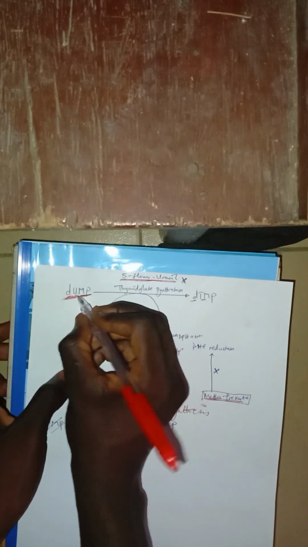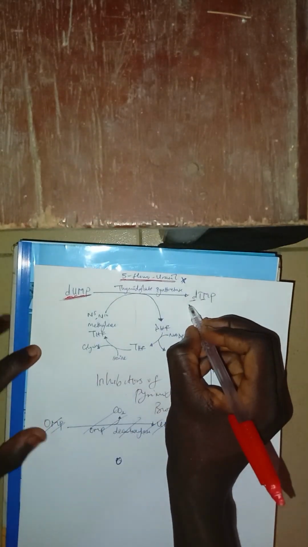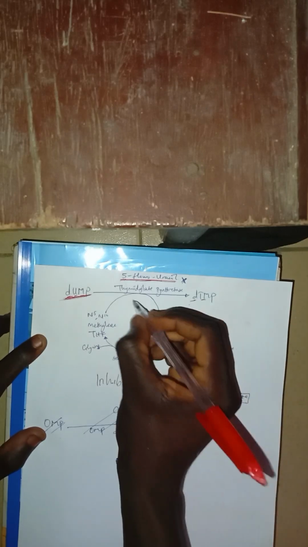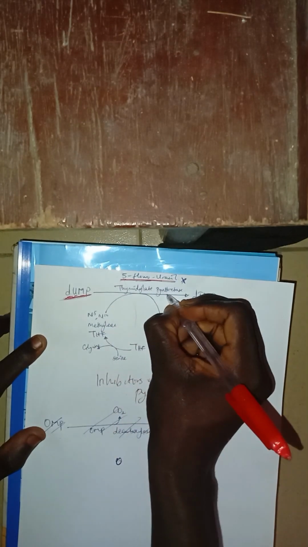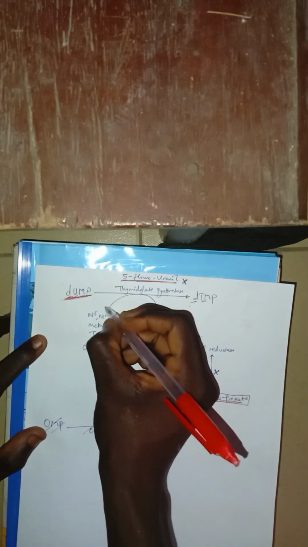Remember we said folate is being used here. So this is the full reaction. Are you seeing it here? dUMP to deoxythymidine monophosphate. The enzyme is called thymidylate synthase. And this enzyme basically makes use of this as a cofactor.